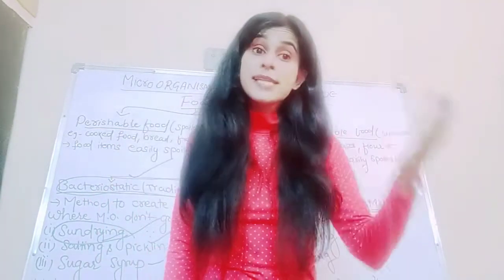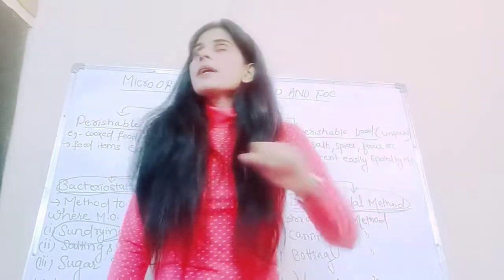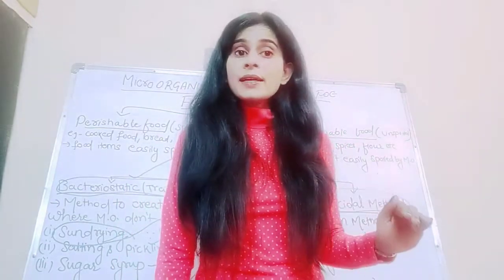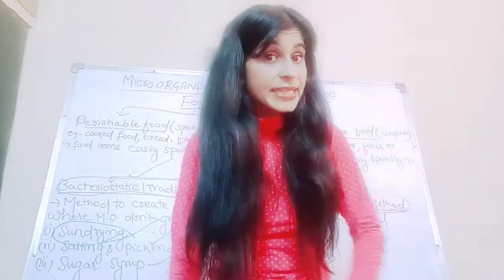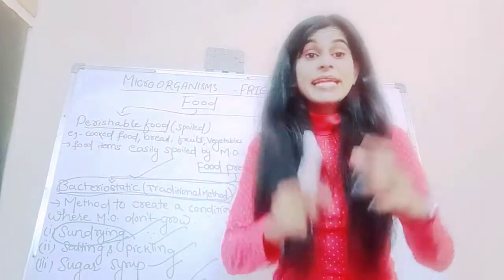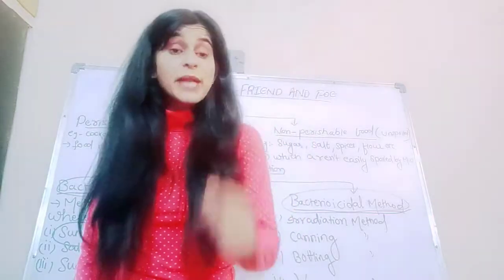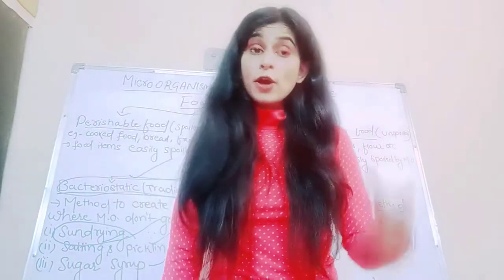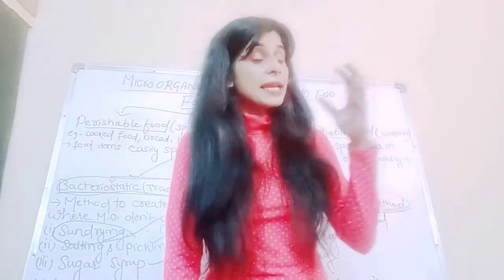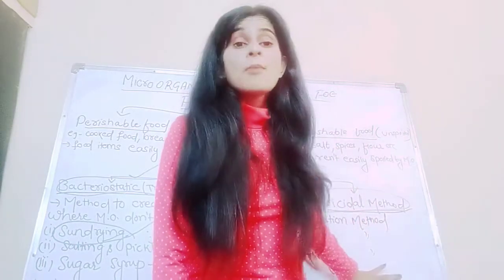What is this pasteurization method? The milk is first boiled above 70 degrees centigrade and cooled at 10 degrees centigrade, which helps in killing the microorganisms. This is called pasteurization, and the milk is preserved in that bottle.